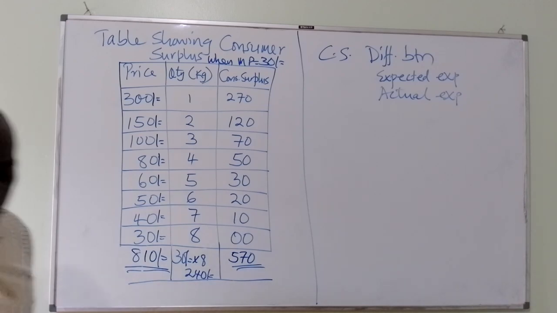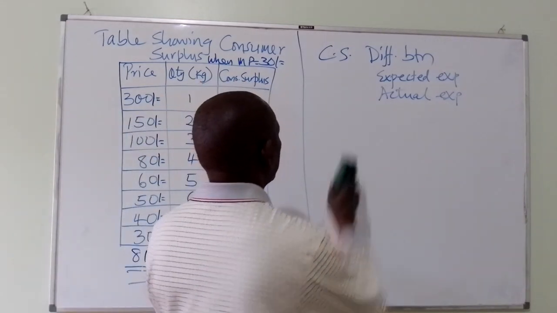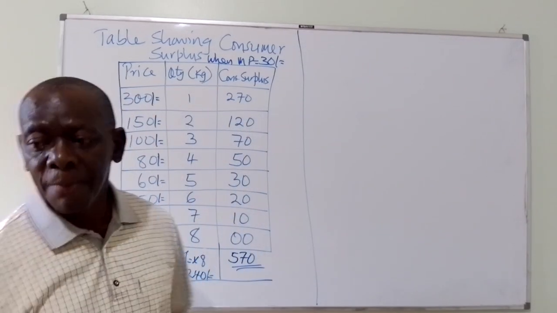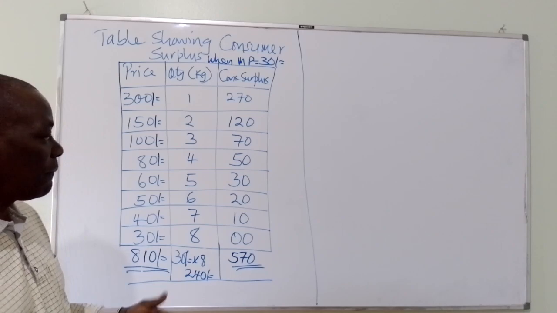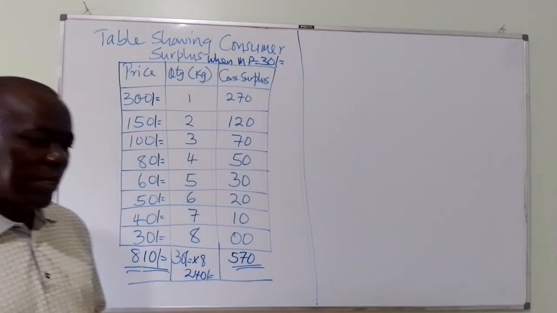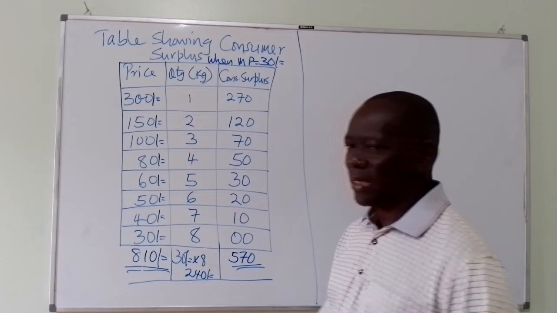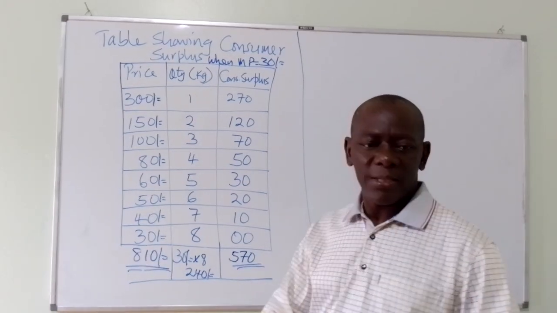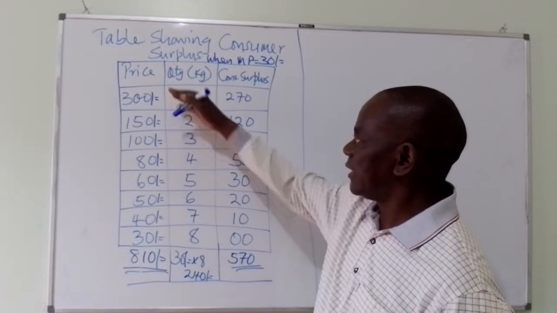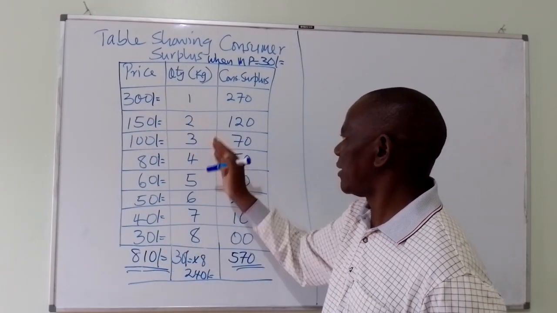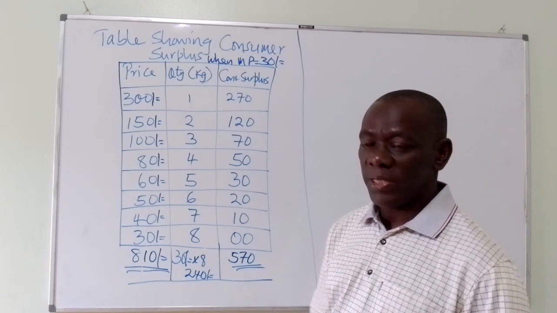And this consumer surplus, we are going to see how important it is. This is consumer behavior, and this is consumer benefit. We are saying this consumer has his budget and his utility. I told you this is his demand schedule.